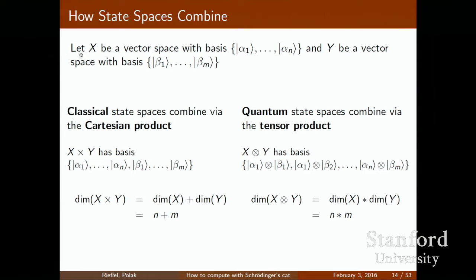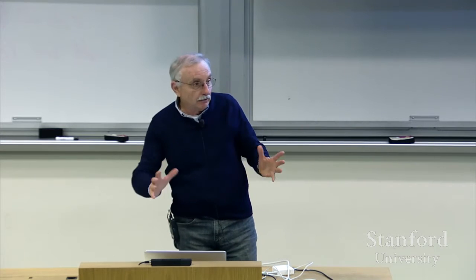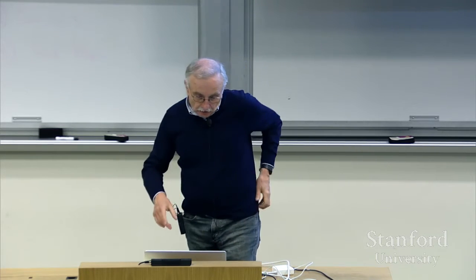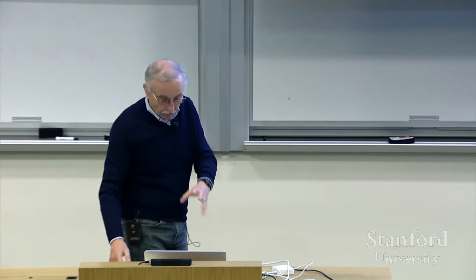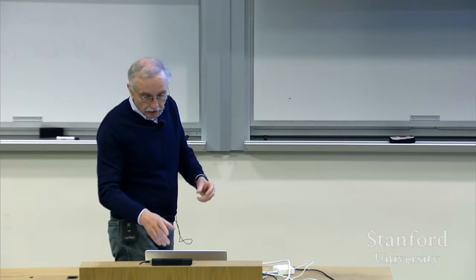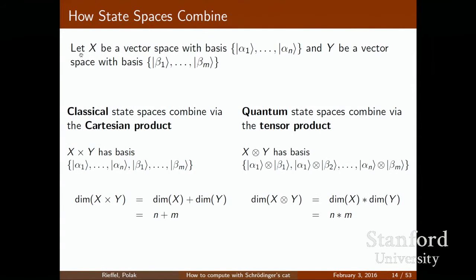Okay, so you can't do very much with a single qubit, obviously. So the question is, what happens if you combine multiple of those together and create a larger state space? The interesting and counterintuitive thing is that quantum state spaces combine with a tensor product as opposed to the Cartesian product, which we do classically. So classically, if you have two particles that are described by a two-dimensional vector space, then the combination of them is described by a four-dimensional space.